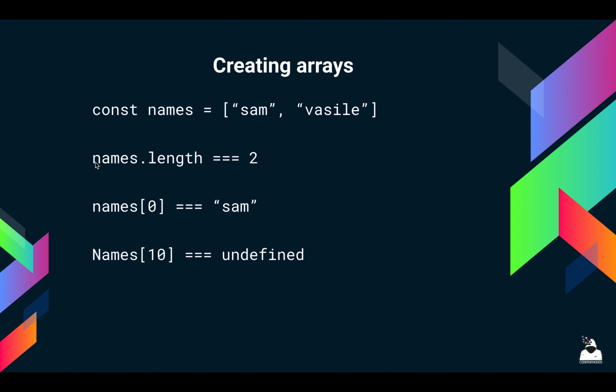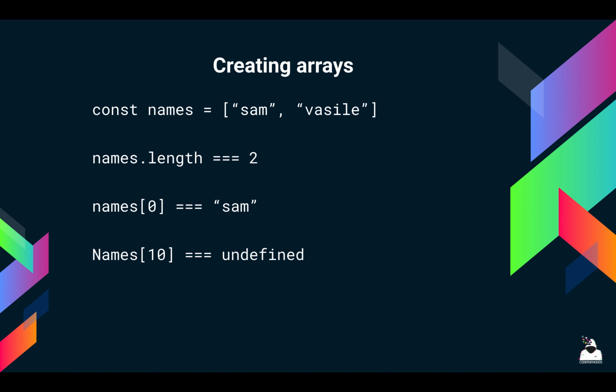We can access the length of the array. The length is 2. Now, quite often I get people saying, why isn't that 1? Because I thought arrays were 0 indexed. I thought arrays start at 0. Yeah, when we use the indexes, they do start at 0, but if the length of the array is 0, that means there's nothing in the array.